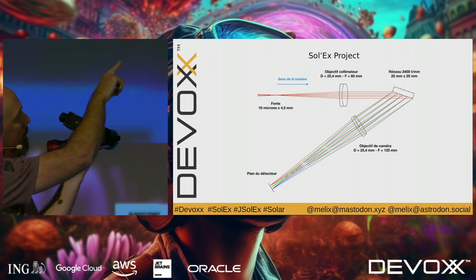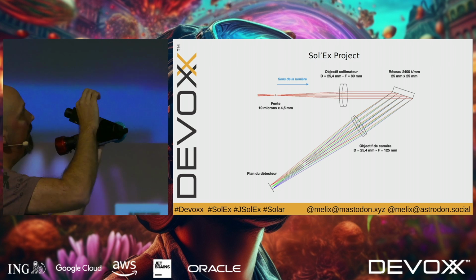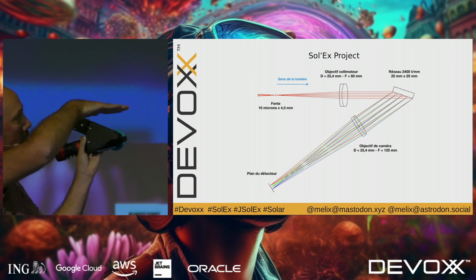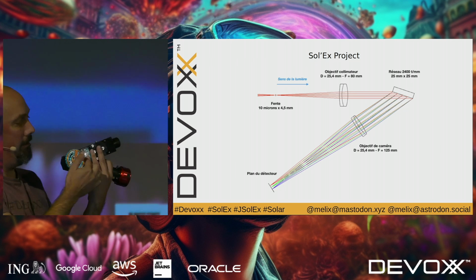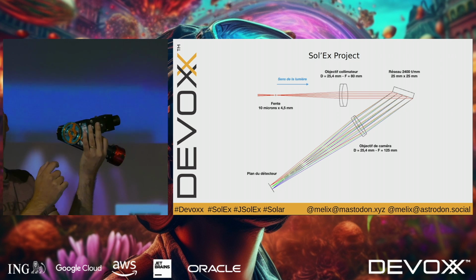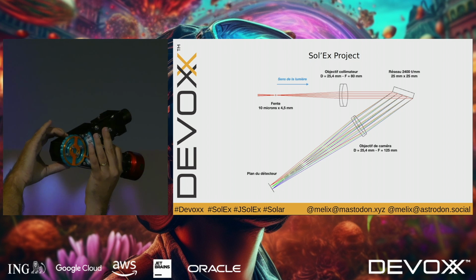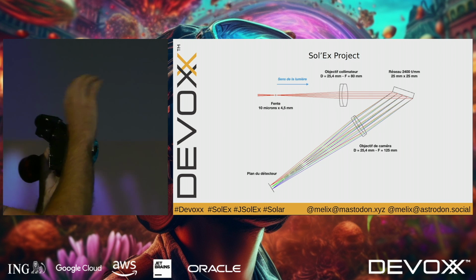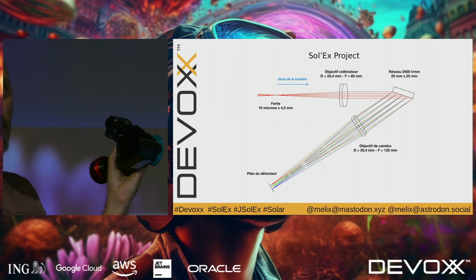Then you have this collimator, which is going to take all the light which is focused on the slit, spread it and move it so that all the lines are horizontal, and then it would hit what we have there, which is the most critical part of this device, which is called the grating. There's a holographic grating that has 2400 lines per millimeter. This device is responsible for spreading the light into its spectrum, right?